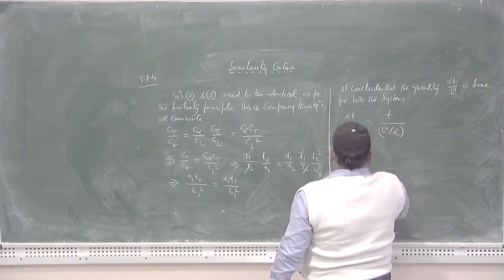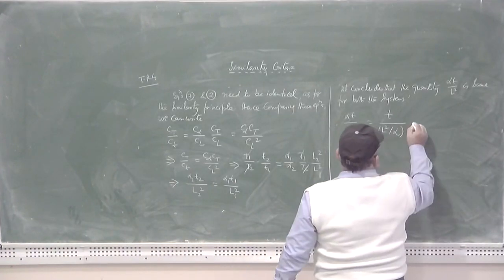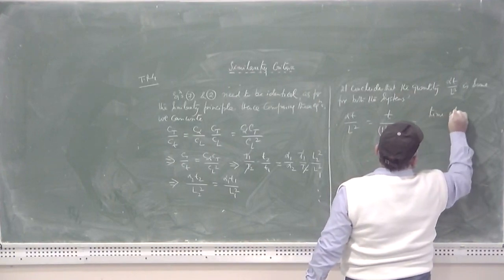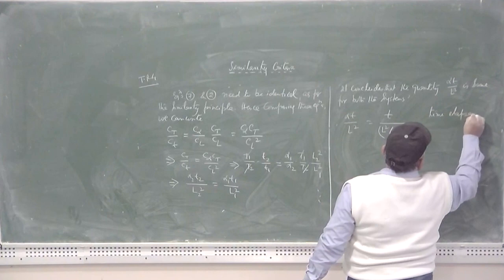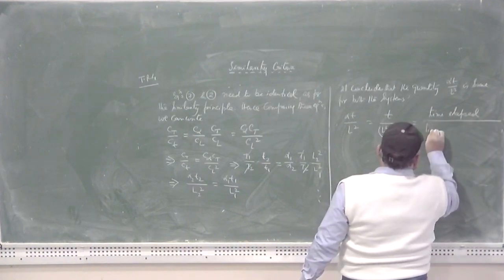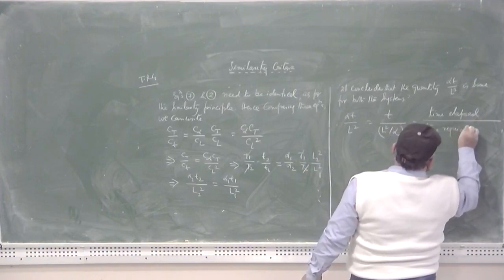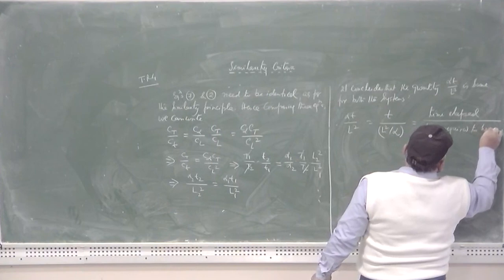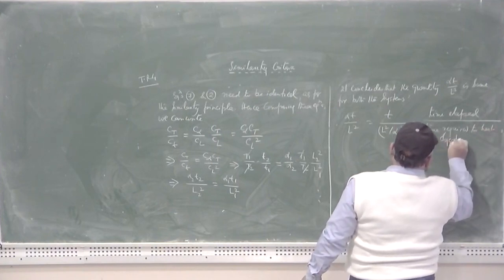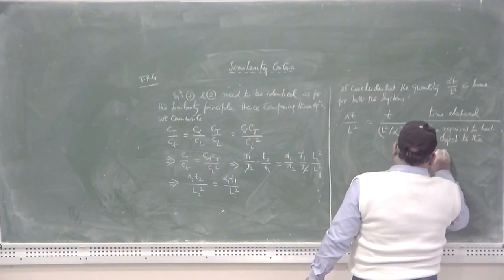According to the principle of thermal diffusivity, this ratio is defined as t, the time elapsed, divided by this quantity, which is regarded as the time required to heat the object to the steady state condition.